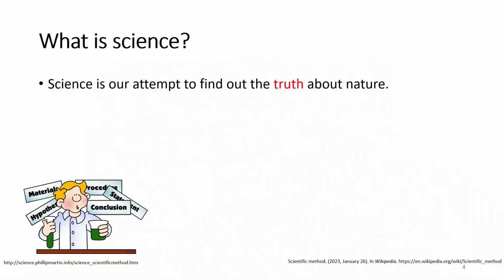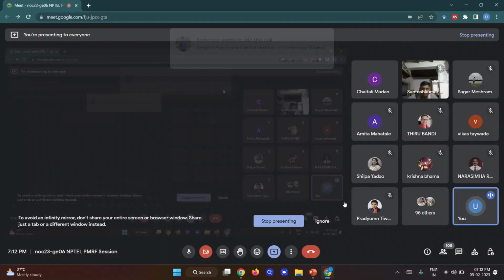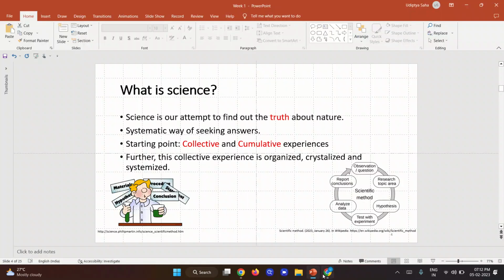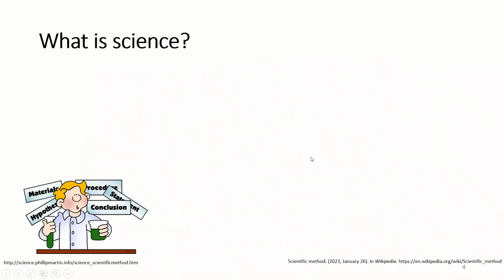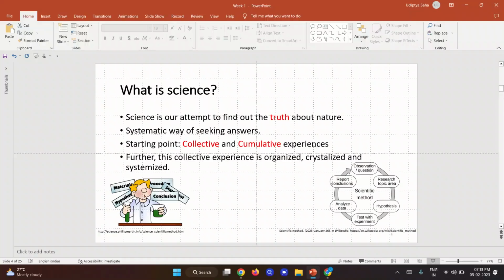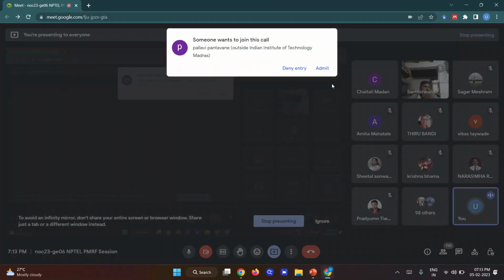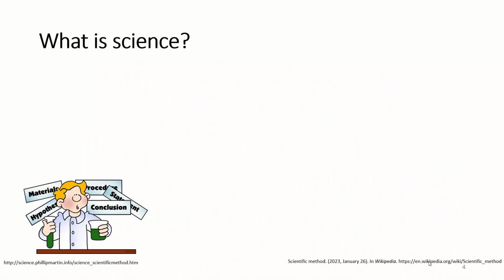As scientists, we have to document it and spread it to the world, so that knowledge can be propagated and worked upon. It also involves a systematic way of seeking answers, the scientific method. We discussed some of the methods that involve how to find a solution to a particular problem.